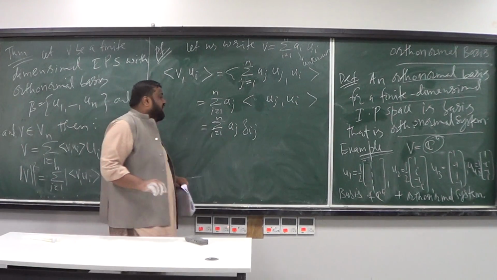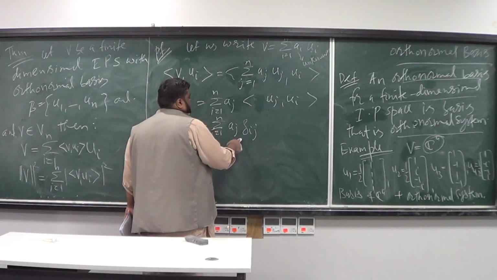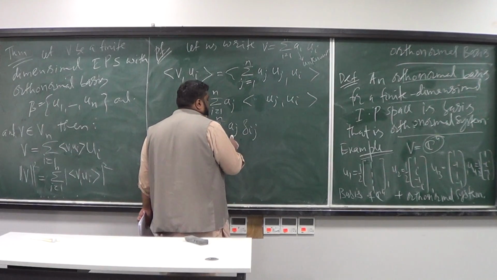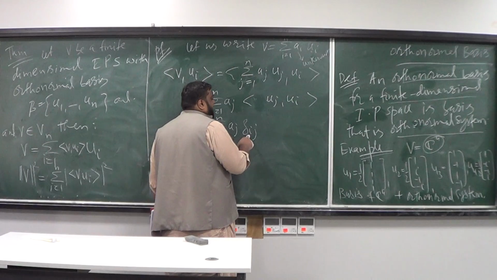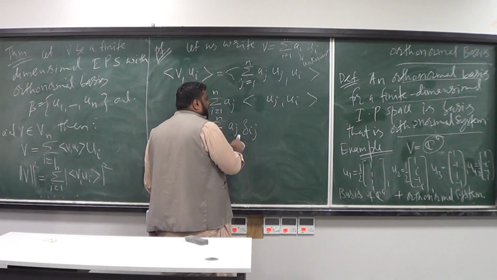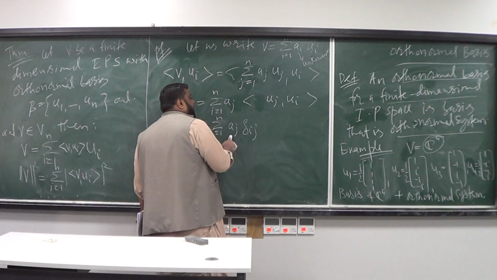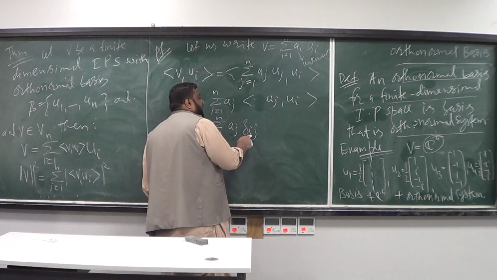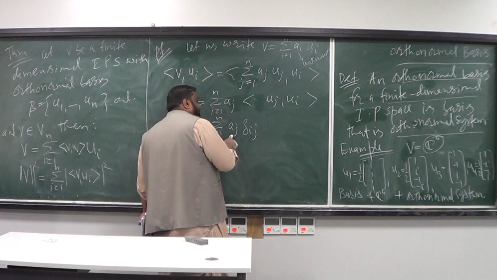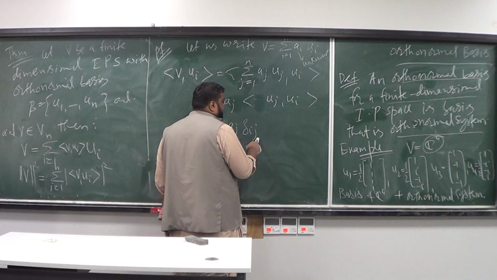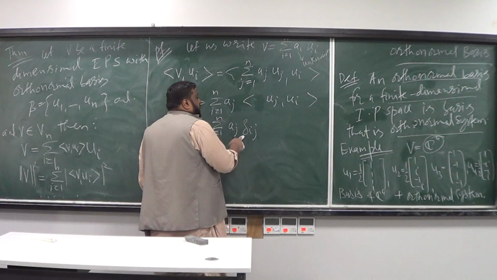Now what would be this sum actually? It is going to be a_1 delta_i1, a_2 delta_i2, and then one term will appear, a_i delta_ii, and the final term in this sum is a_n delta_in.